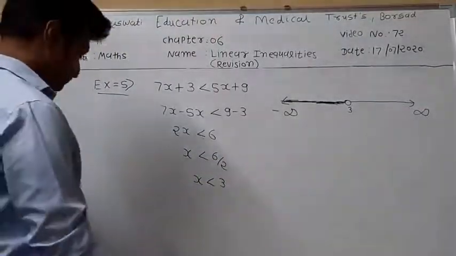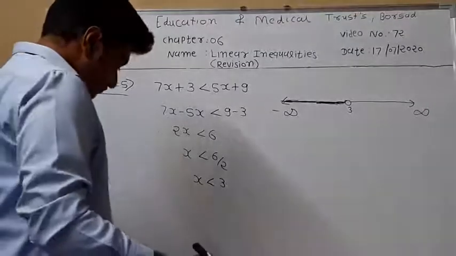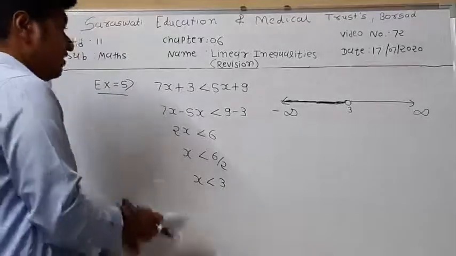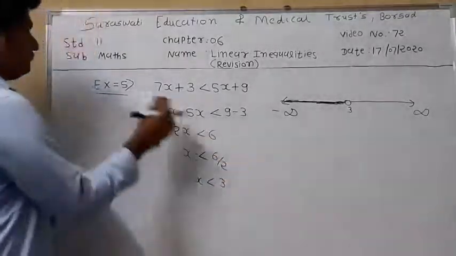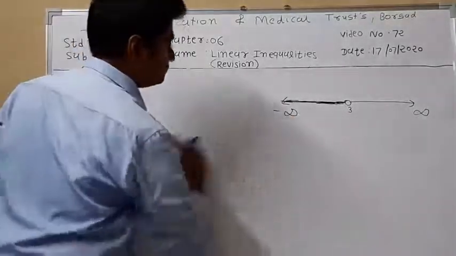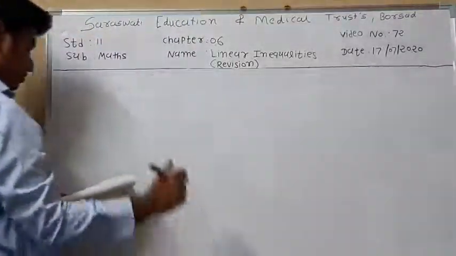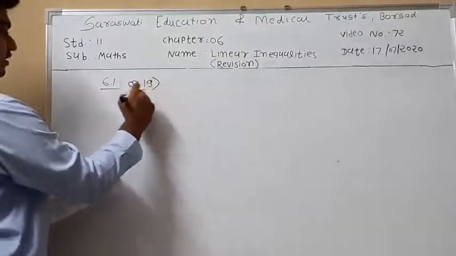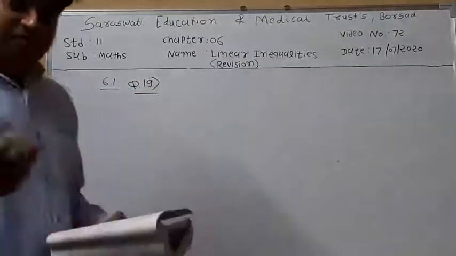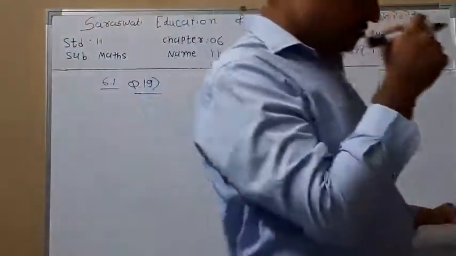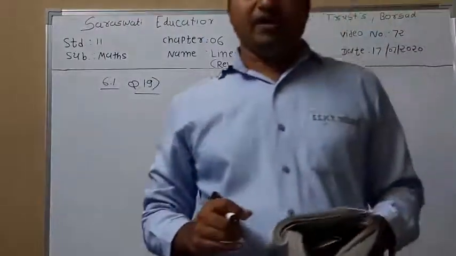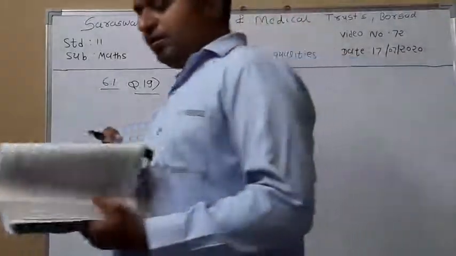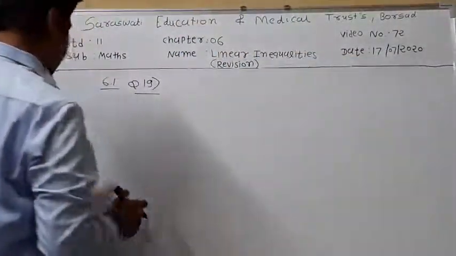Next question. Exercise 6.1, question number 19. Again a similar type of question is asked. Solve the inequality and show the graph of the solution on the number line.